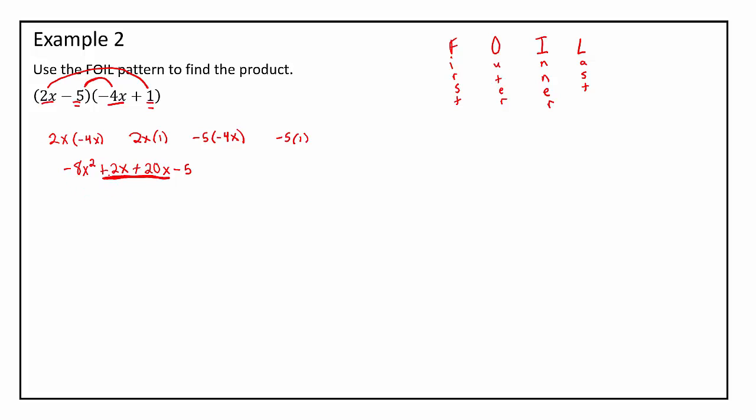So in this case, I'm going to do 2x plus 20x, which is 22x. So my answer is -8x squared plus 22x minus 5, like so. So that's an example of foiling.